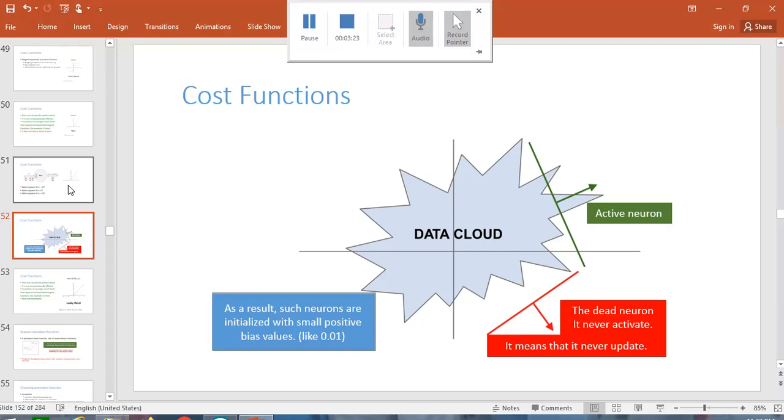That is, we take the maximum between x and a factor, for example 0.01, multiplied by x. We call the resulting function leaky ReLU.